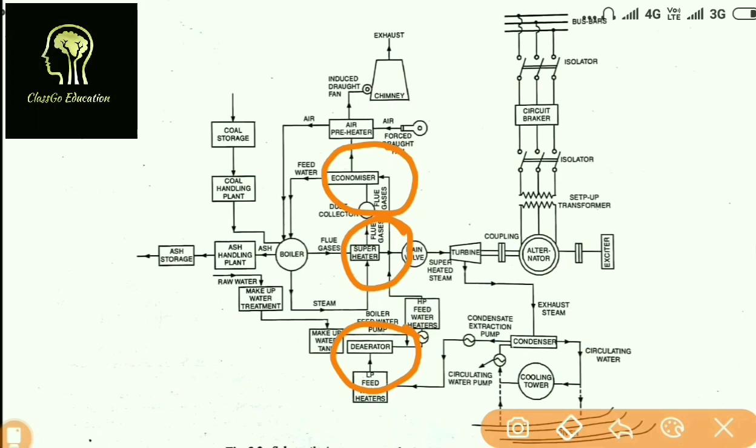One of the most important equipment used over here is the boiler. So what actually is a boiler? A boiler is a steam generator which converts water into steam, and it is one of the major equipment in a steam power plant. Boilers used in steam power plants are of two types: fire tube boilers and water tube boilers.